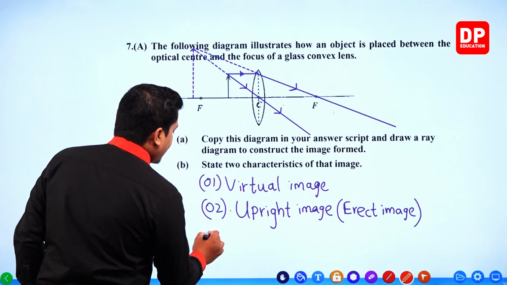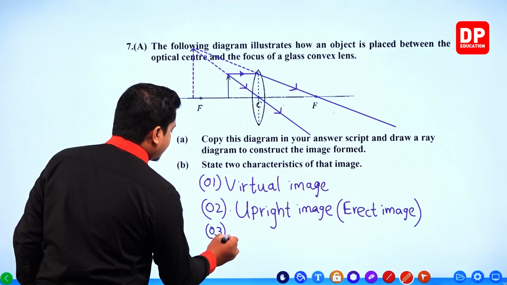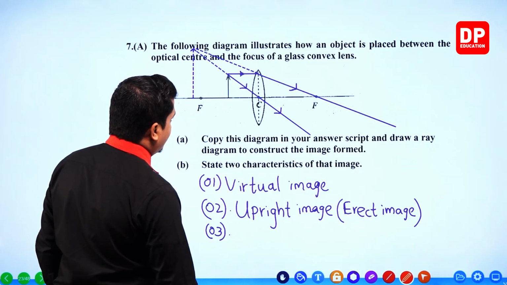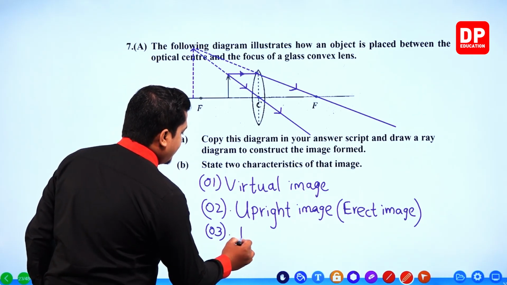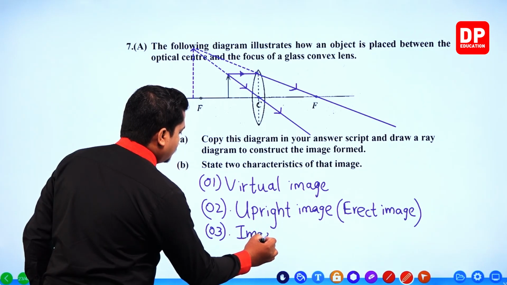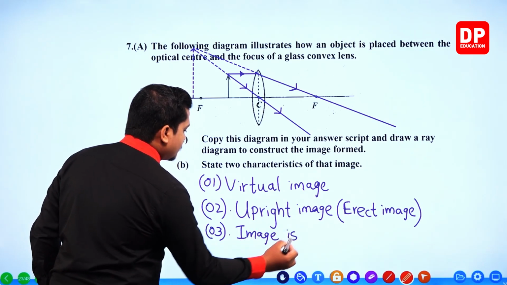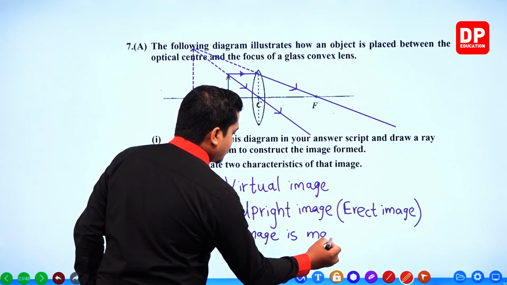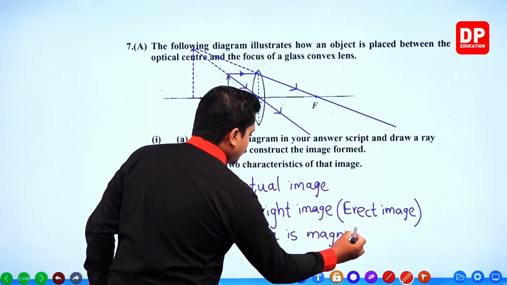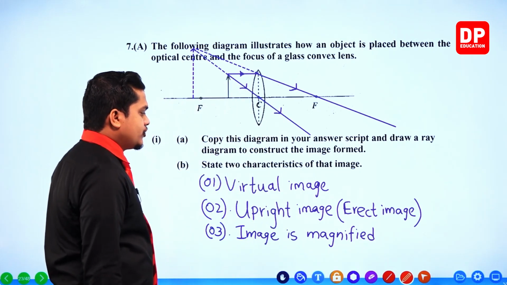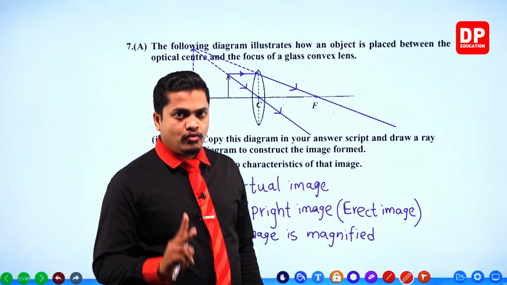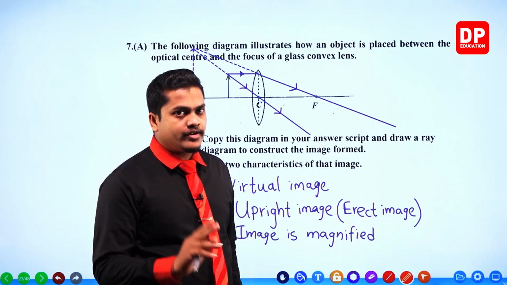Then number 3. Third feature, this image is magnified. You need to write down only 2 of these 3 features, my dear children, only 2.